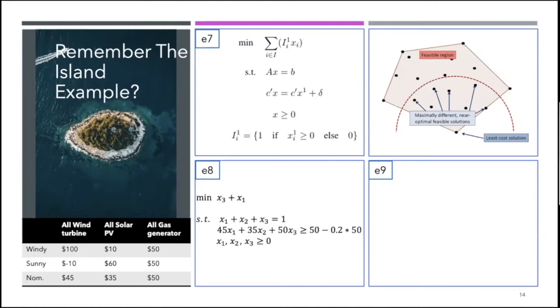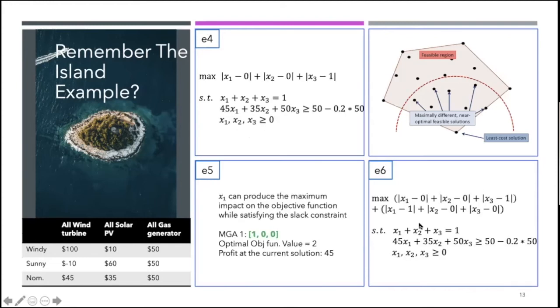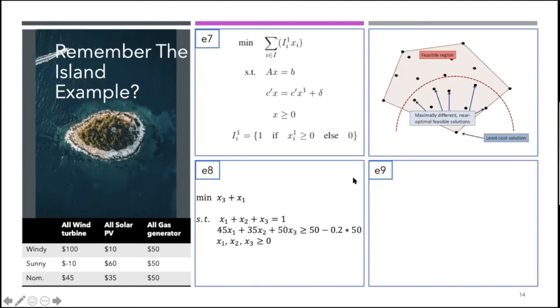That's correct. So we minimize x1 plus x3, subject to, again, the same constraints, right? So suddenly, this complicated formulation became much easier to solve. And just by looking at it, we can see the solution of the problem. The objective of this is basically to maximize x2, because it does not appear in the objective function at all.